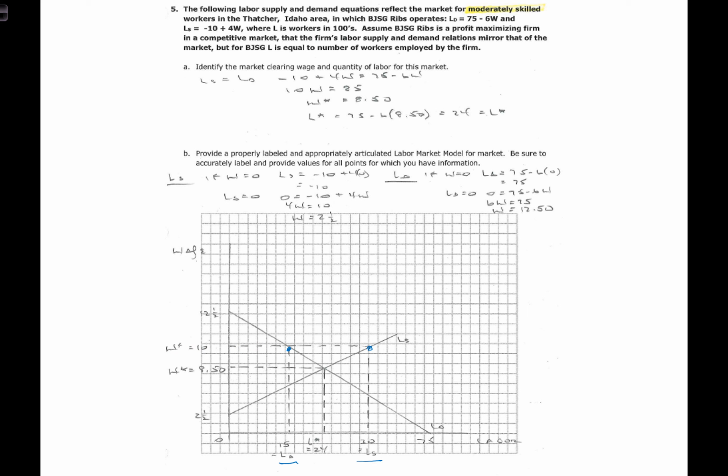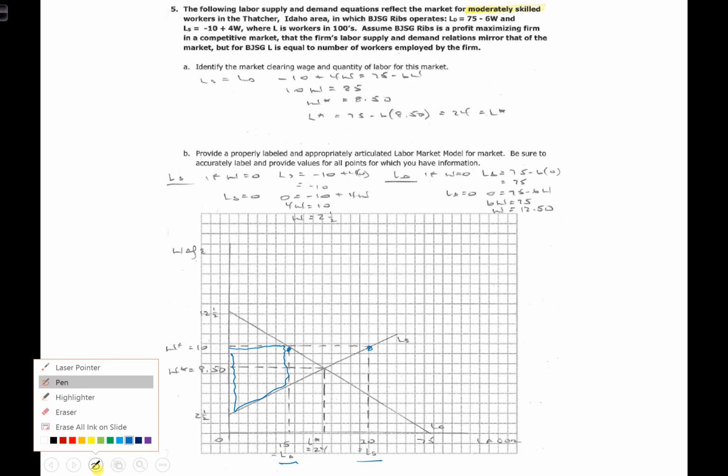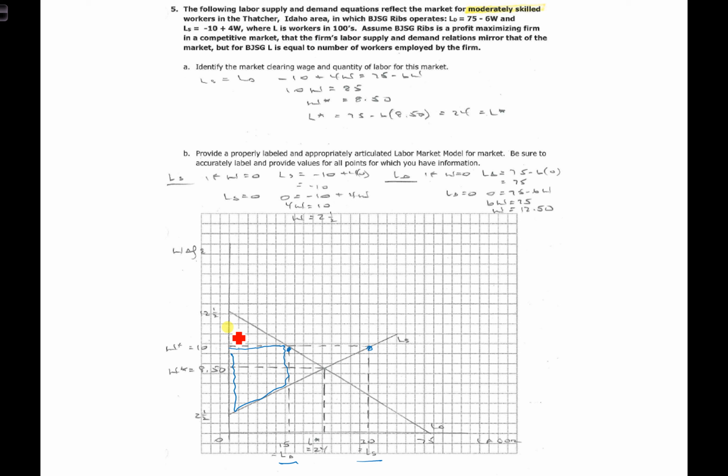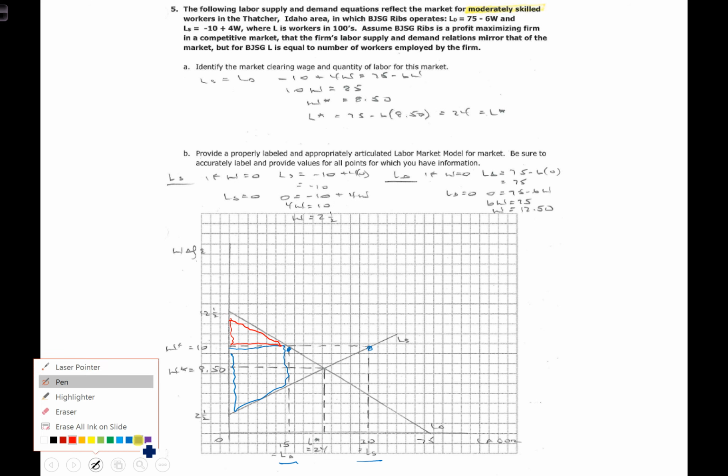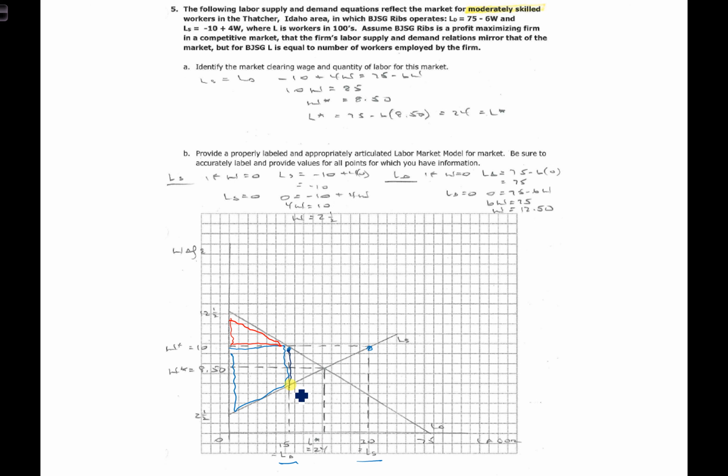It also reveals for us a couple of areas that might ultimately be important. It reveals our area for worker surplus, and it reveals our area for employer surplus. And then finally, it gives us some formation of deadweight loss.